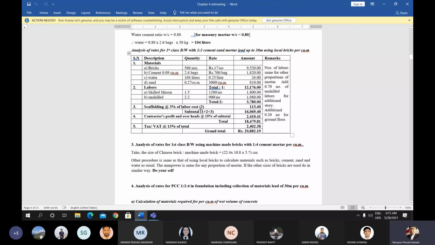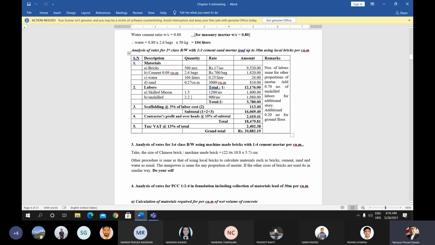But for the erection of the scaffolding, you should add 0.20 number of labor for the ground floor in this estimate. I have not mentioned it here because of the 2.2 number, and you must provide another 0.2 number of unskilled manpower here for the ground floor if the story is the ground floor story.